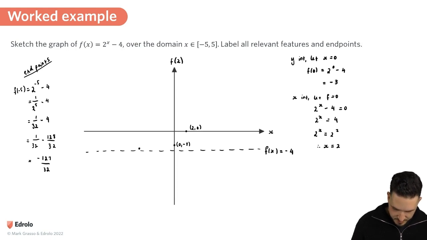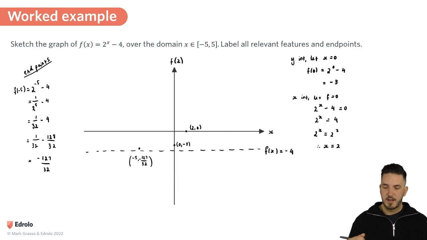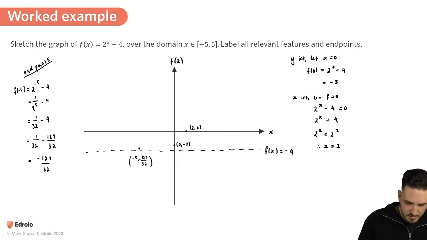And let's label that point. That's negative 5, negative 127 on 32. There we go. There's that point. And we're going to find our upper bound of the endpoint. So f of 5 equals 2 to the power of 5 minus 4. 2 to the power of 5 is 32.